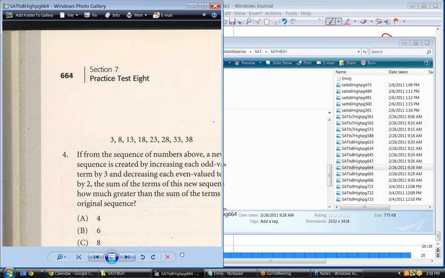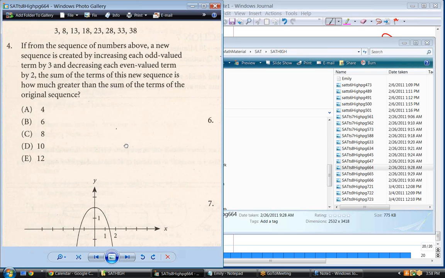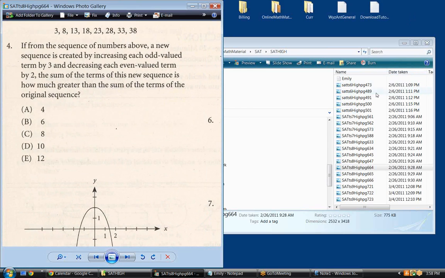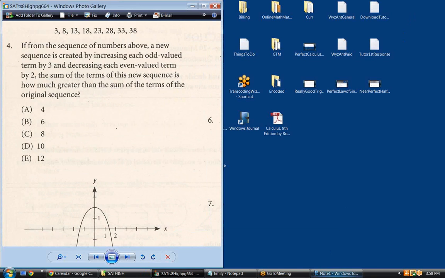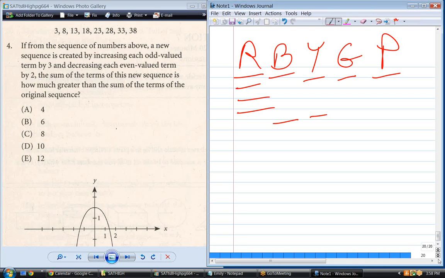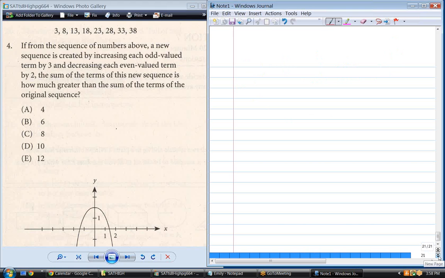All right, let's do one more here. So 1, 2, 3, 4, 5, 6, 7, 8.